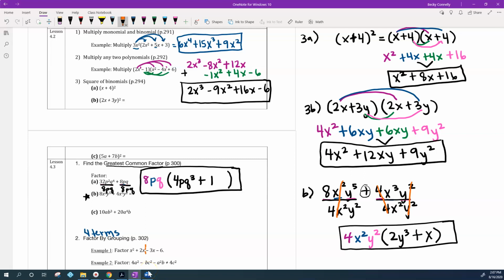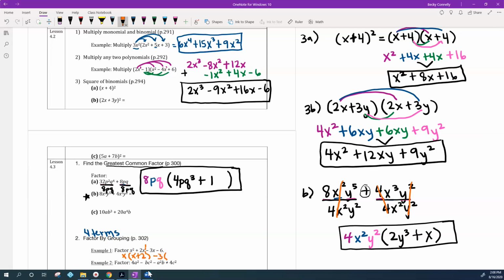Now I'm looking for the greatest common factor of x squared and 2x. I can see they both have an x in common, and when I divide the x out of both of those, I'm left with x plus 2. And then on the second half, negative 3x minus 6, the greatest common factor is negative 3.